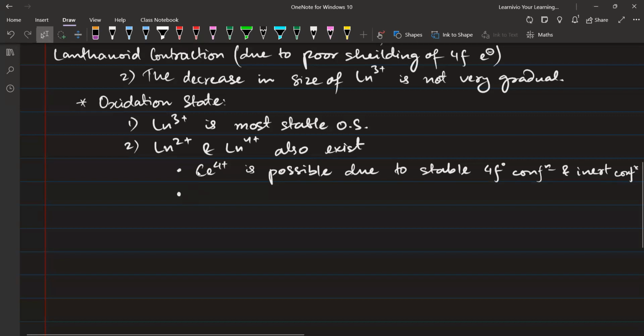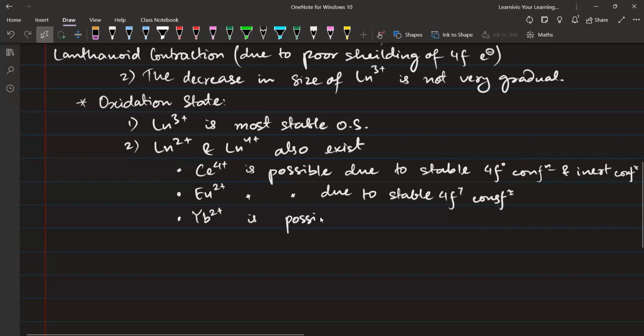Next point is regarding europium. Europium 2 positive is possible due to stable 4f7 configuration, and ytterbium 2 positive is possible due to stable 4f14 configuration.